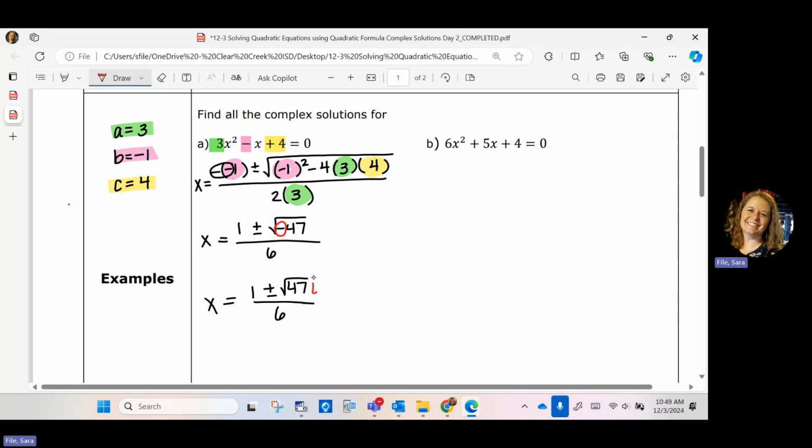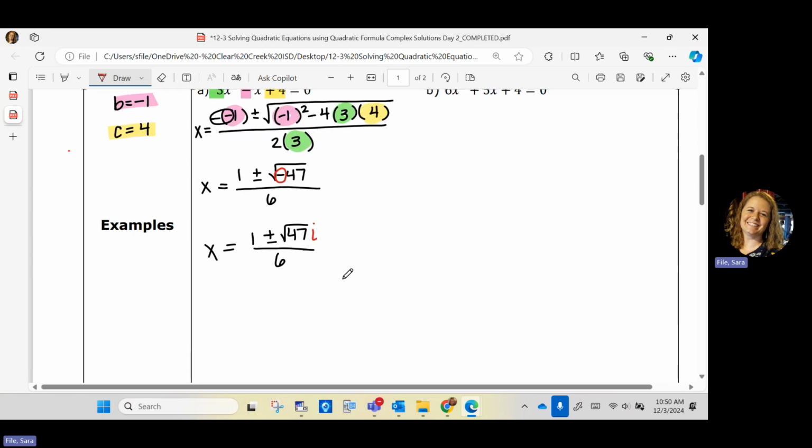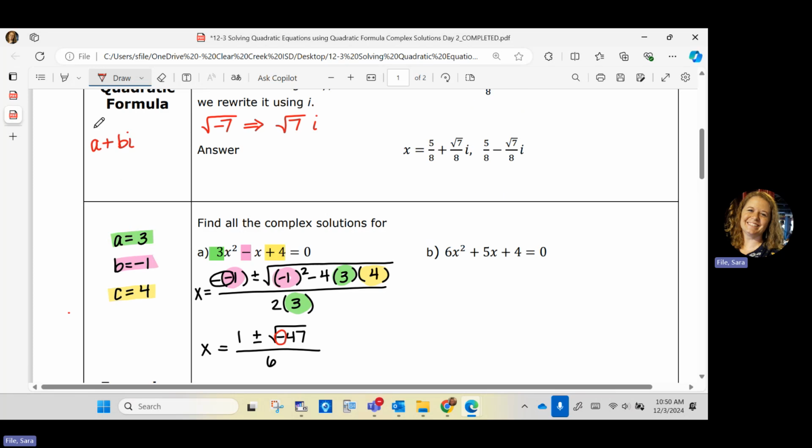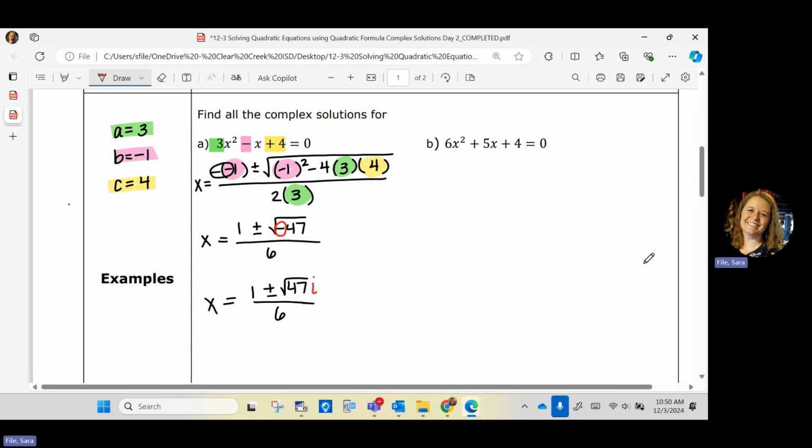Now, some people like to write their i in front of the radical so it doesn't look like it's underneath. That just makes it very clear that the i is not under the radical. If you prefer that, that's technically correct also. But complex numbers typically are written in a plus bi form, so I always have my i at the end. So I'm going to separate this out now.